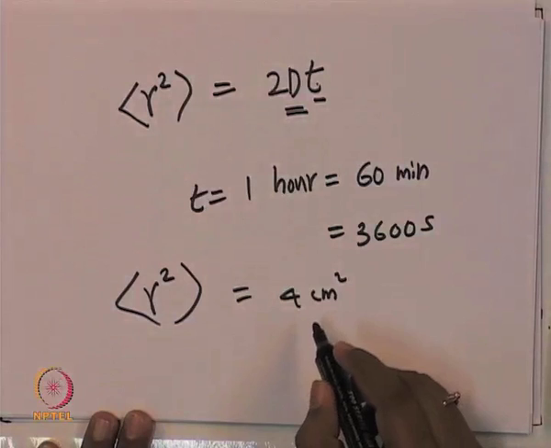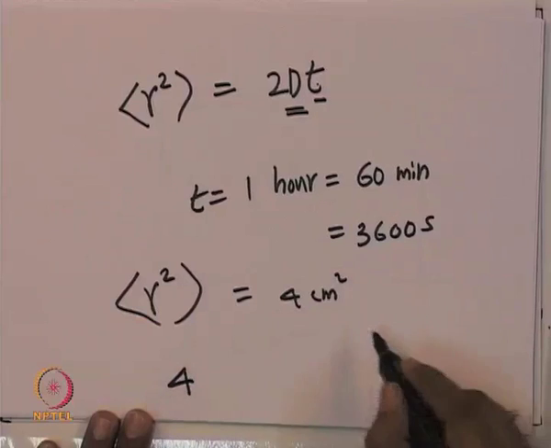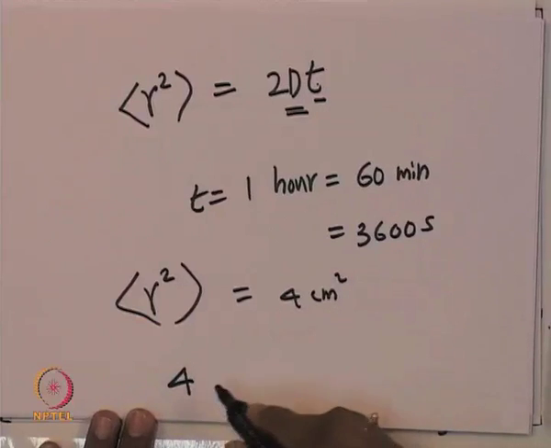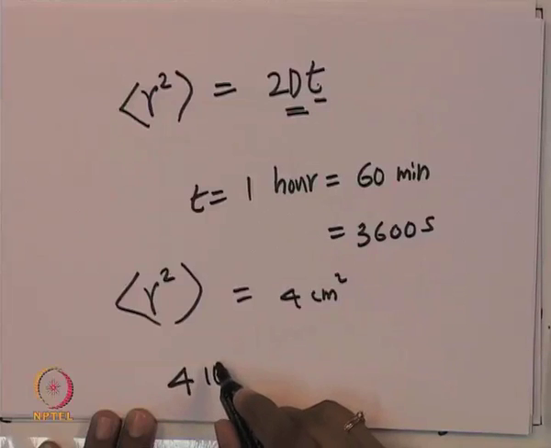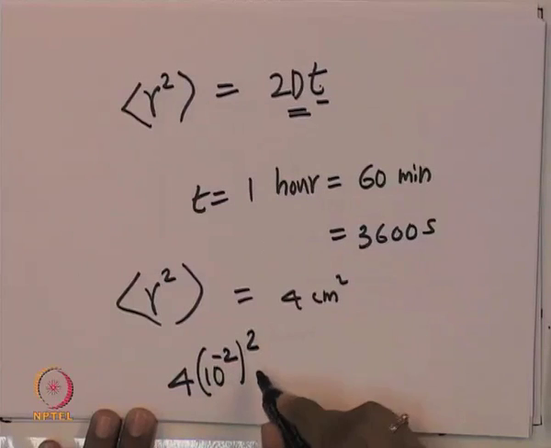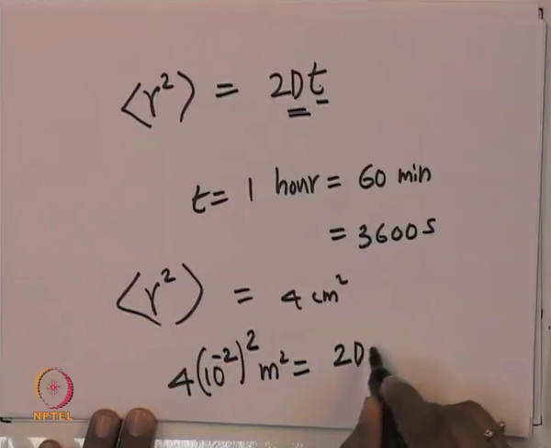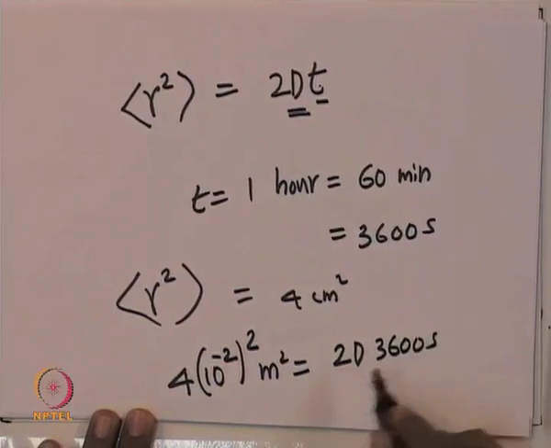So, let us substitute 4 centimeter square. Centimeter is converted into meter. So, 10^-2 meter is equal to 2 into D into 3600 second.